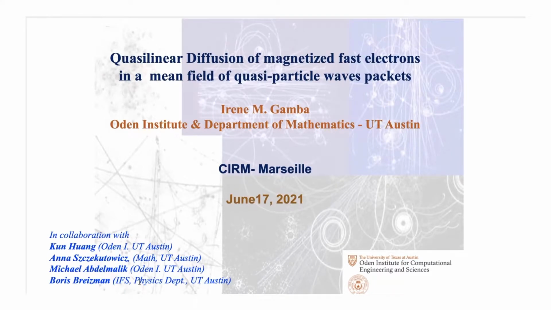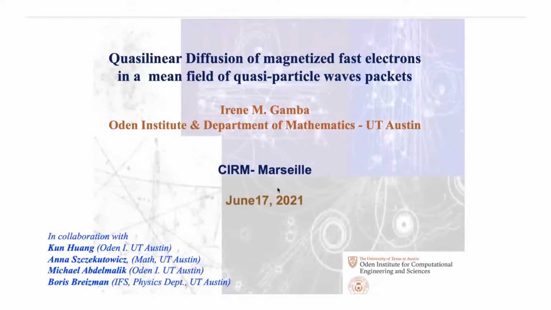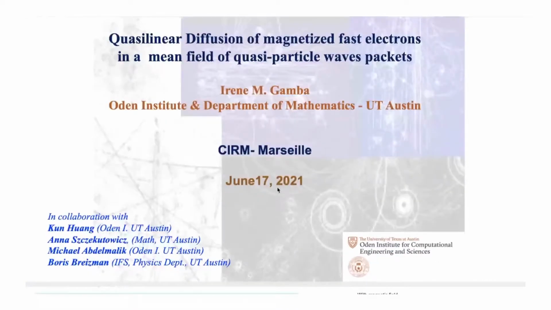I'm a co-PI on his side of a big funding that we have from DOE on plasma physics. And the project is on how to mitigate runaway electrons on a tokamak that may damage dramatically the wall of the tokamak.